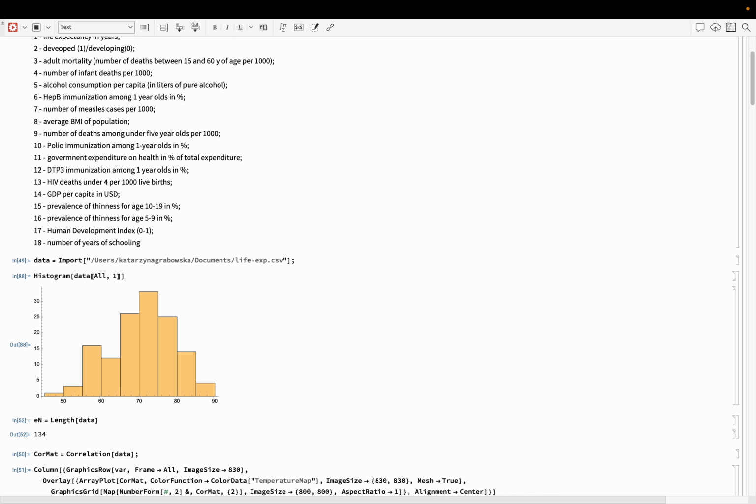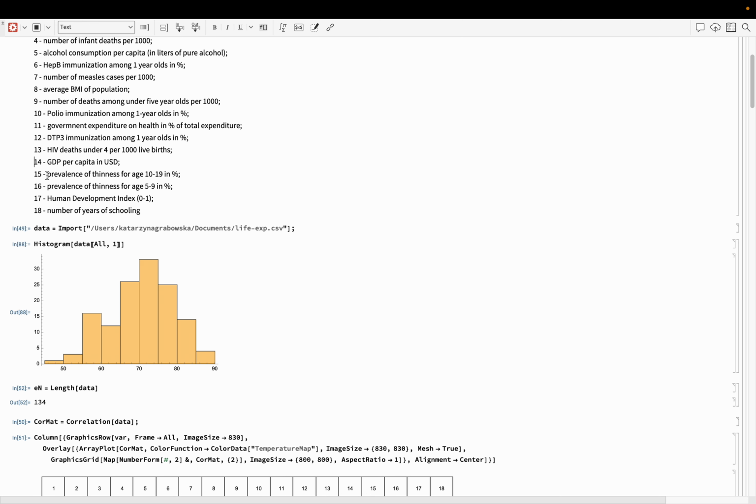Variable number 14, gross product of the country expressed in USD dollars. Then variable number 15, prevalence of thinness in children of age from 10 to 19. So it says what percentage of young people are thin. 16, the same, but in children between 5 and 9 years old.